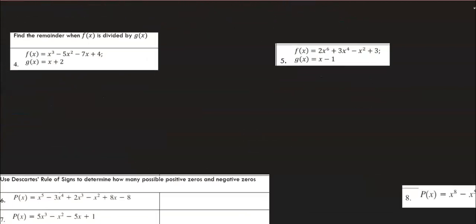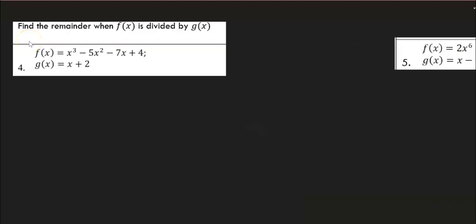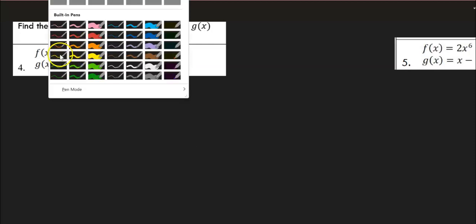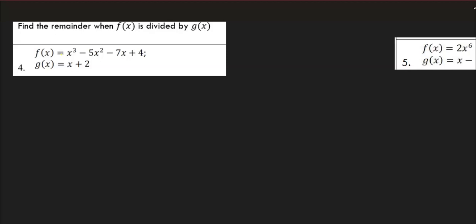Okay. Next problem. Okay, so it says find the remainder when f of x is divided by g of x. And it gives you the dividend and the divisor. So we can actually use synthetic division or long division on this, or we can use the remainder theorem.